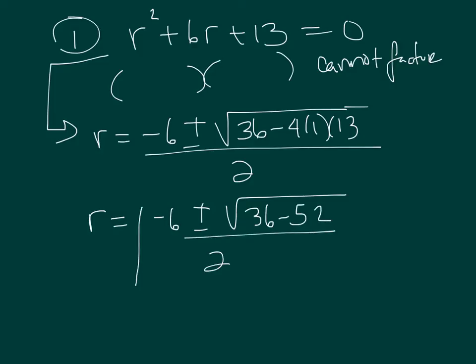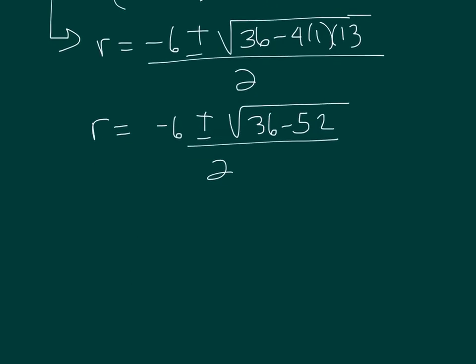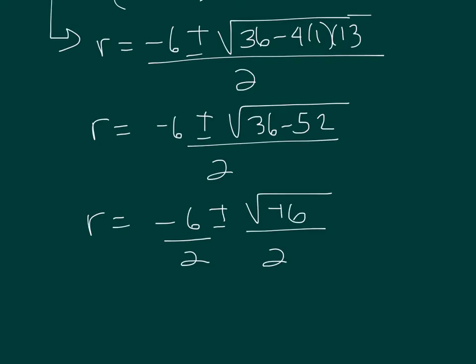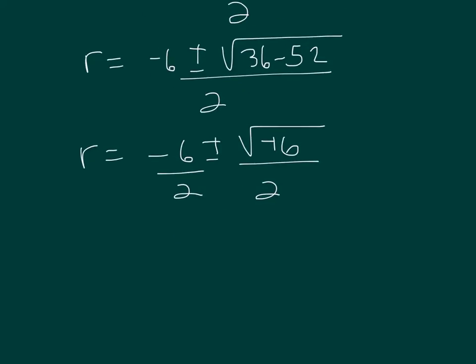We can keep simplifying this a little bit. We get negative 16 under the radical, so we know we're going to get an imaginary solution because we have a negative under the radical.